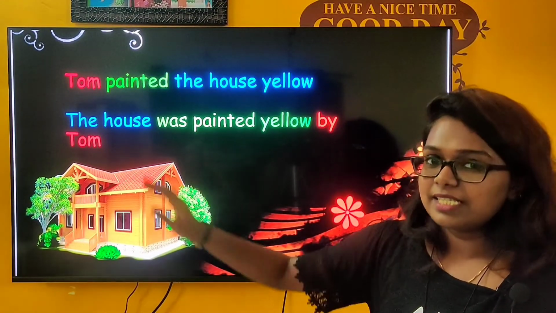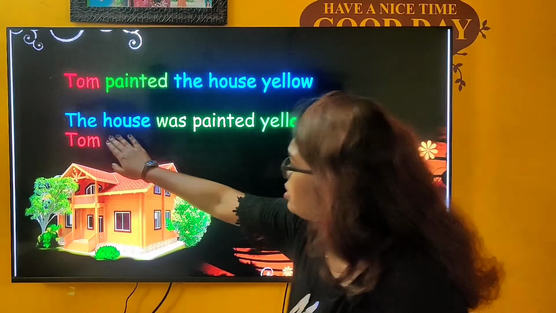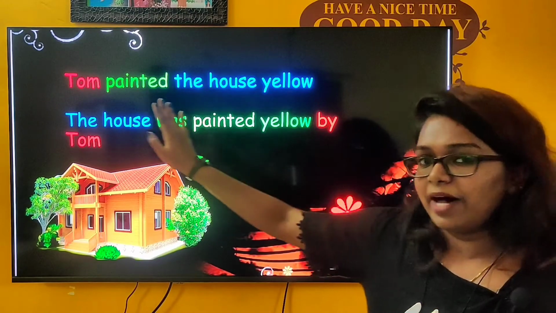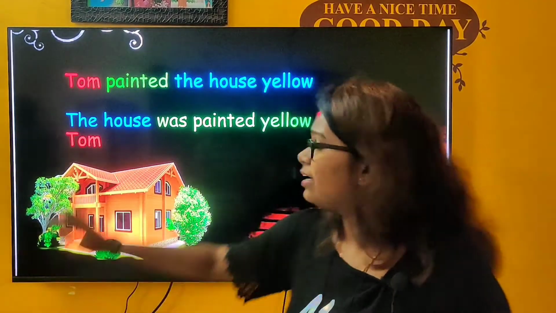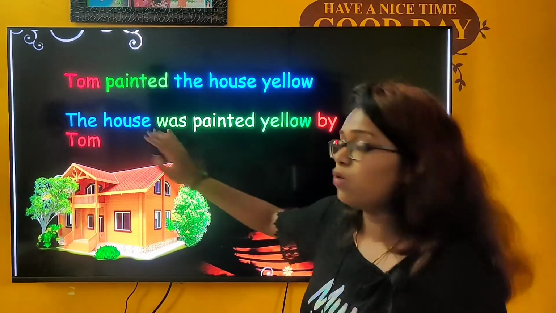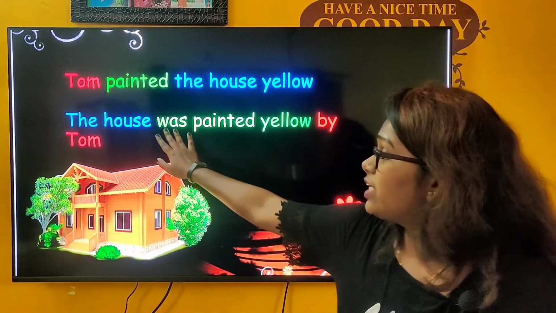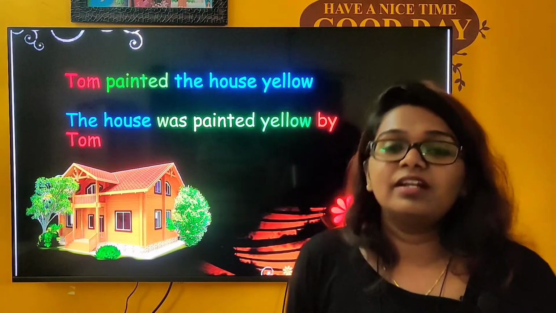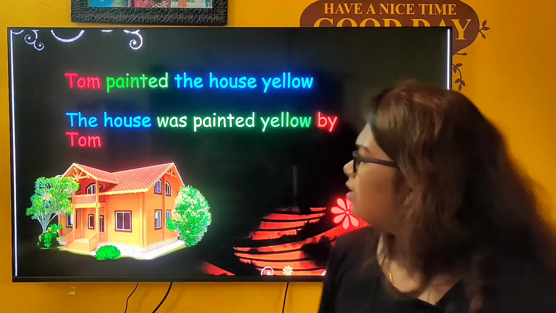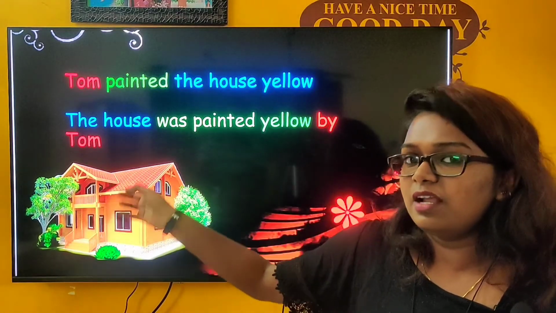This sentence is in past tense. So, the house was painted yellow by Tom. Just by "was" we can identify that it is in past tense.